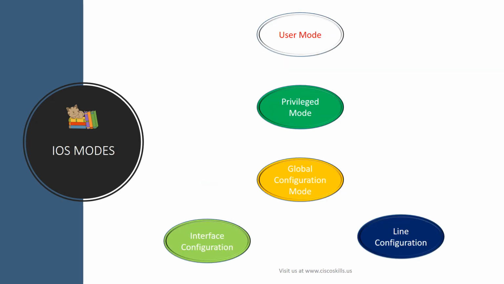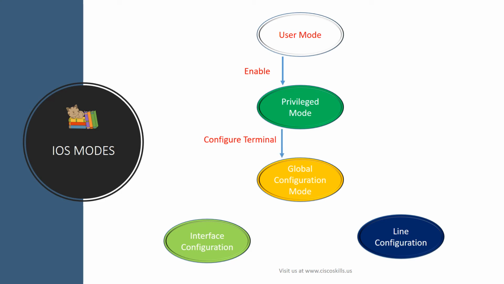Let's assume we are in user mode. In order to gain access to privilege mode, we need to issue the command enable. From privilege mode, to access global configuration mode, we need to issue the command configure terminal.